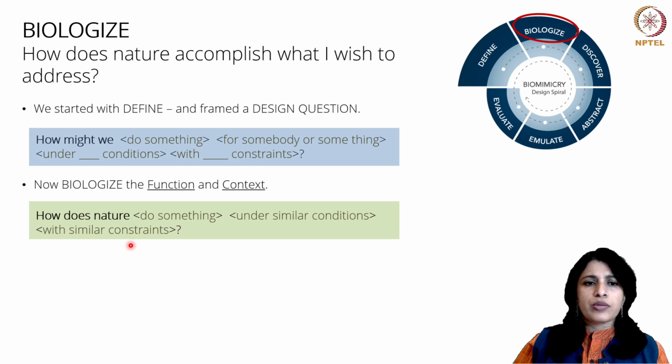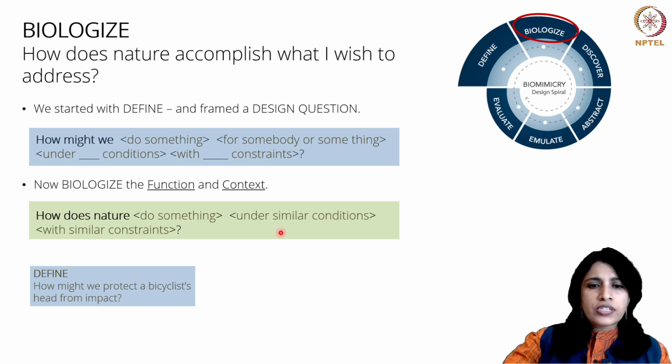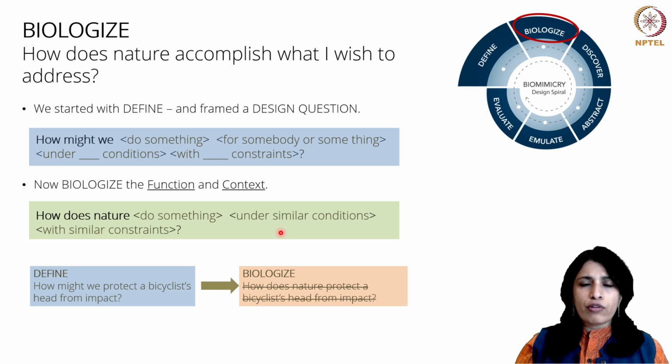However, remember that you're looking at the function and the context based on what you did in define, but you will have to biologize that appropriately, which means you will have to bring in the natural world conditions. You can't just directly translate it. For example, if your defined question is how might we protect a bicyclist's head from impact, you can't say how does nature protect a bicyclist's head from impact. That sounds absurd, right? It's not possible for you to look for anything in that context.